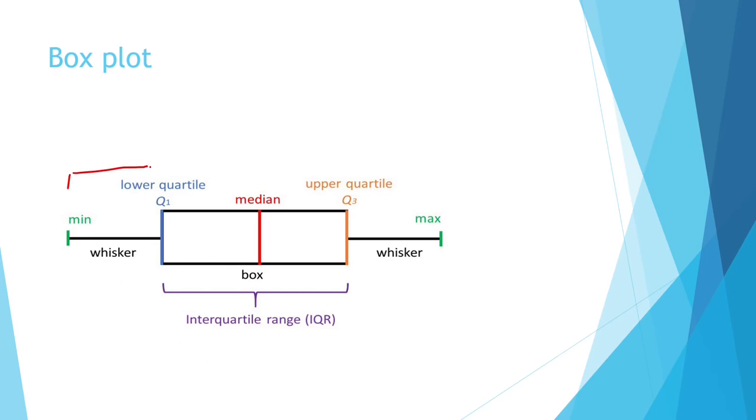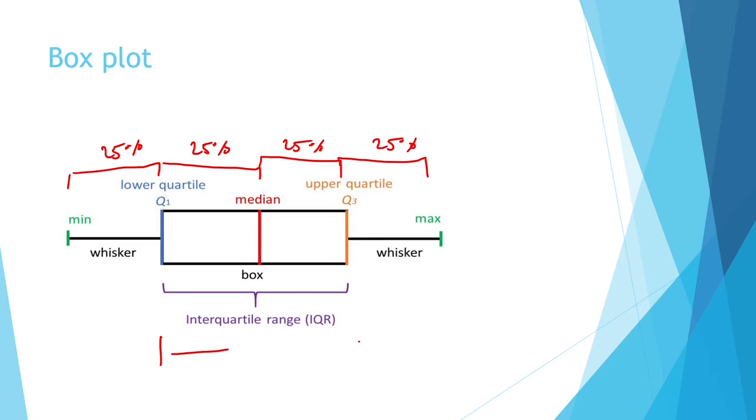From the minimum to Q1, that's 25% of the data. From Q1 to the median, that's another 25%. And from the median to Q3, that's going to be another 25%. From Q3 to the maximum, that's another 25%. And from that, we can conclude that the interquartile range consists of the big portion, or 50% of the data.